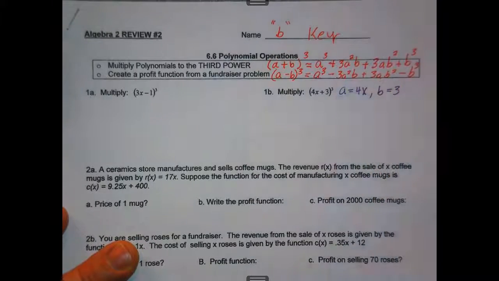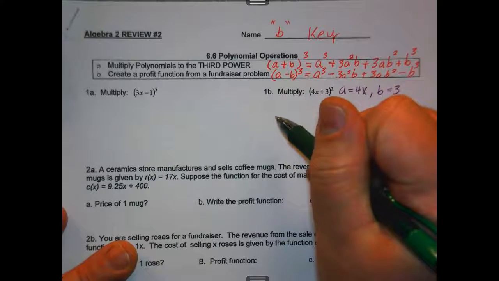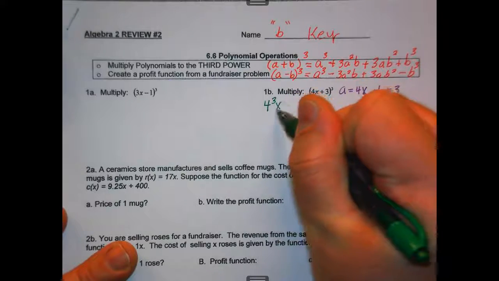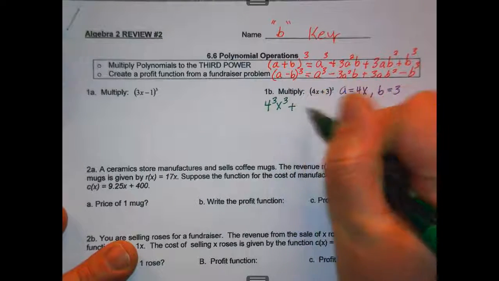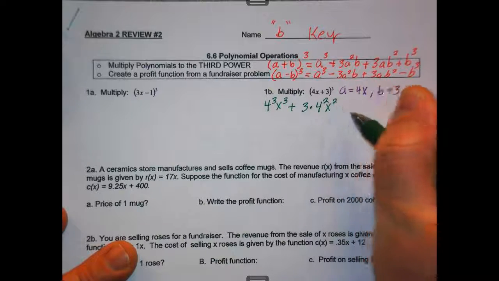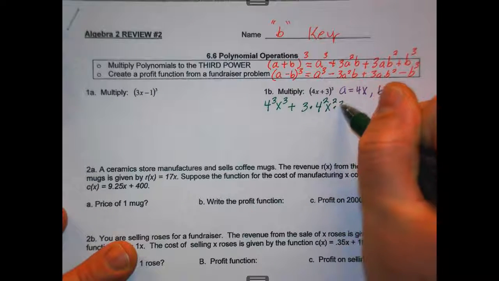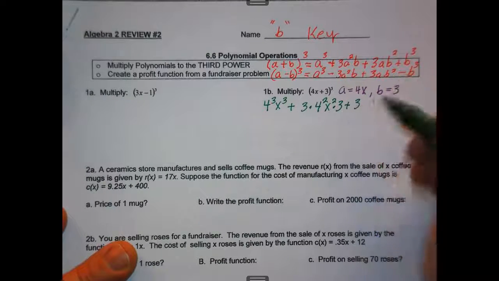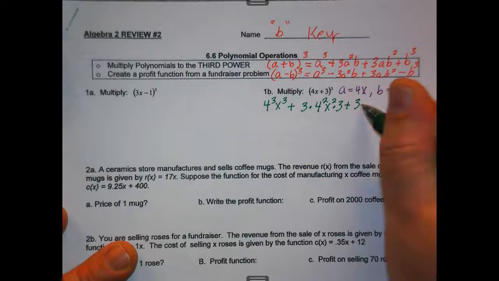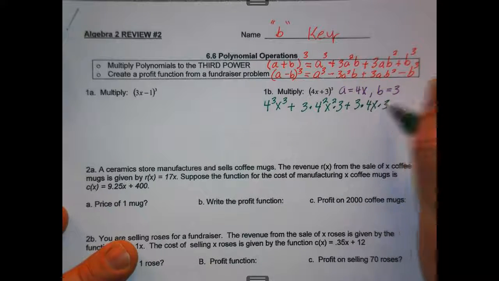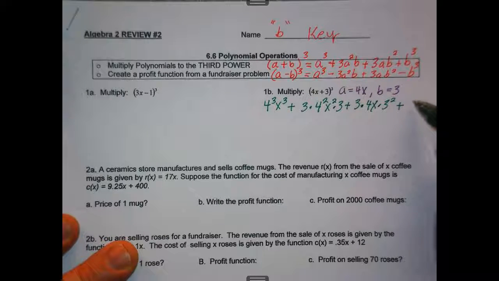So I have a cubed plus 3 times a squared times b plus 3 times a times b squared plus b cubed.